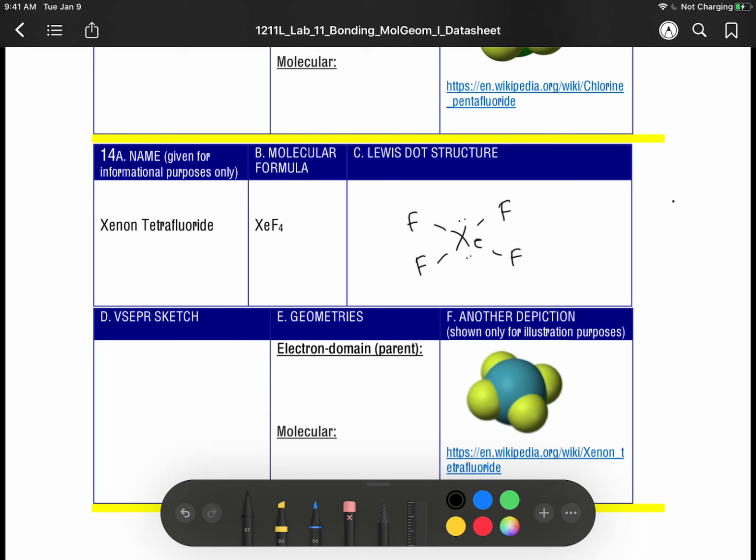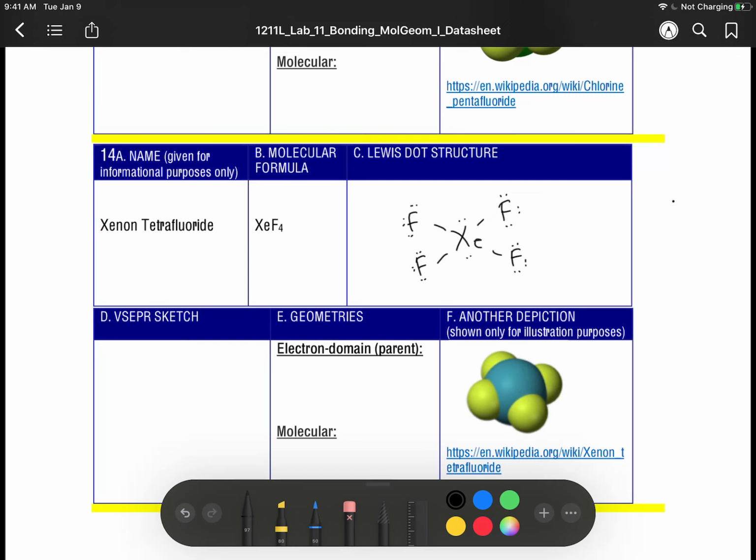Xenon, by the way, is one of the few noble gases that will actually bond. It's because its orbitals are so far away from the nucleus that they're a little bit more reactive.